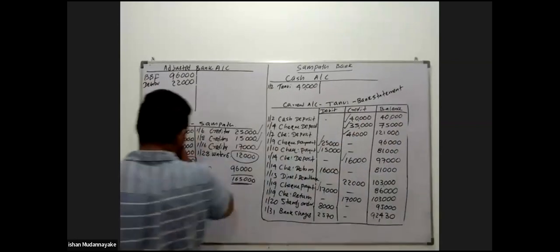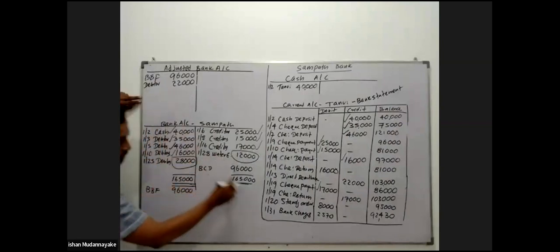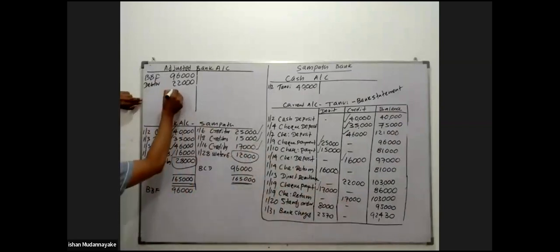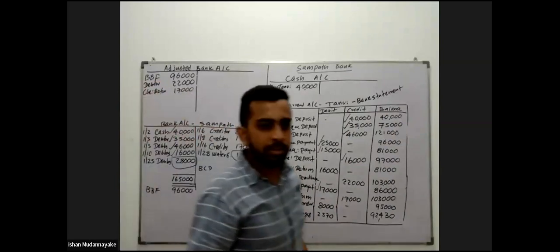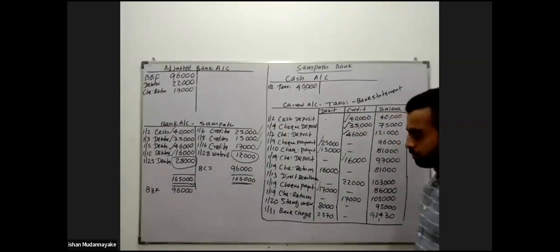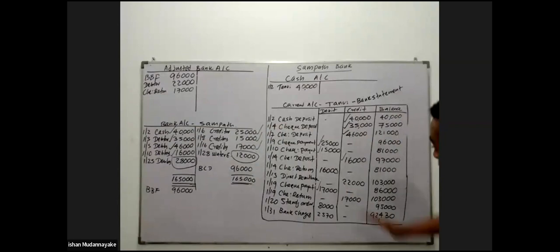Then here again we will debit 17,000. This 17,000, we write down check return. Check return 17,000. So what about the 16,000 on the 14th of January? At first we will complete the credit side, and then we will move into the debit side.